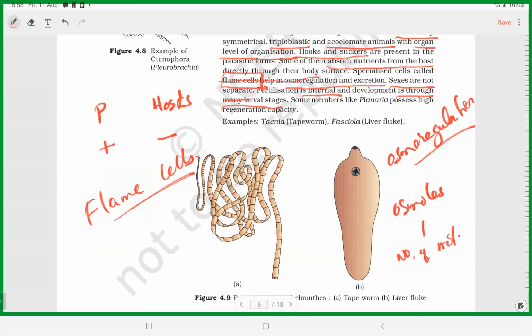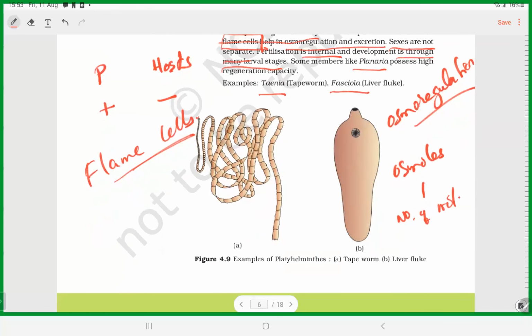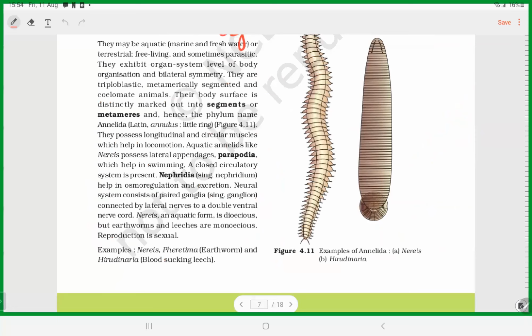That's why the development is indirect. And then examples are planaria, Taenia solium and liver fluke Fasciola. So two organisms here are given as examples, Taenia solium and Fasciola. Tapeworm and liver fluke. So that's about this one.